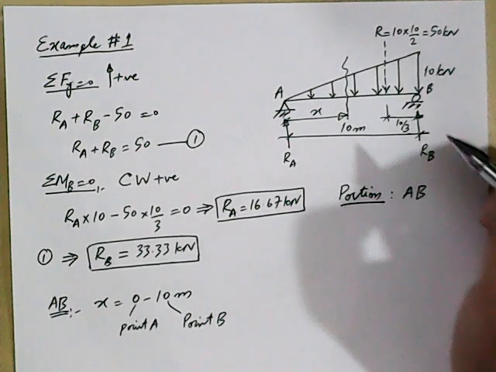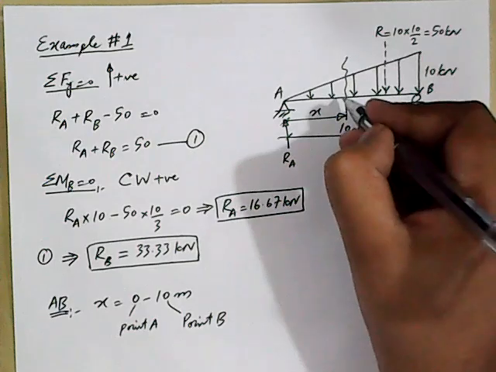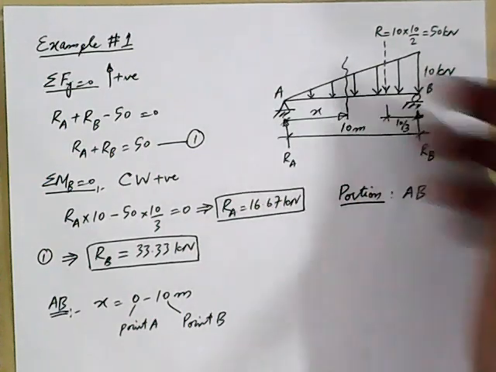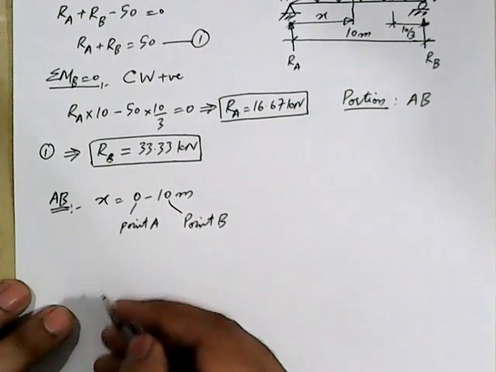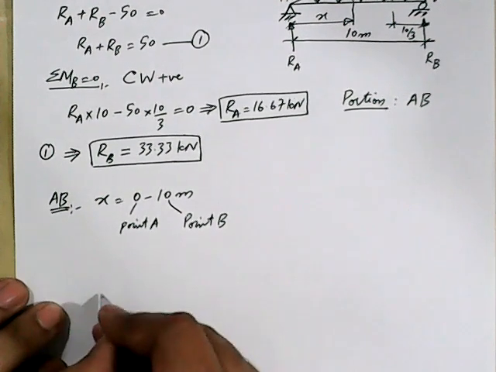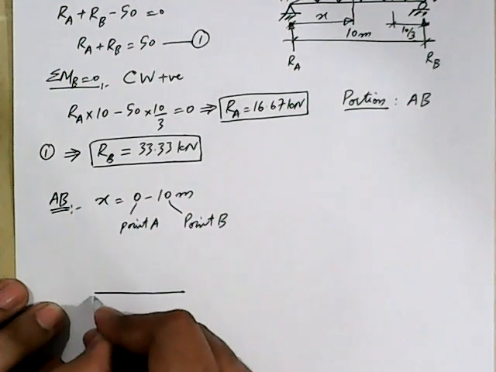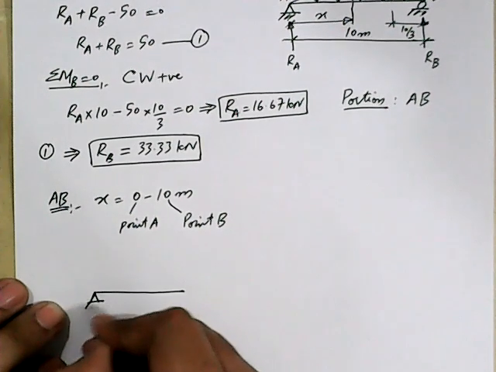Our convention at this stage is that we will always be considering the left part of the section. So let me draw the free body diagram. We have a hinge support here.